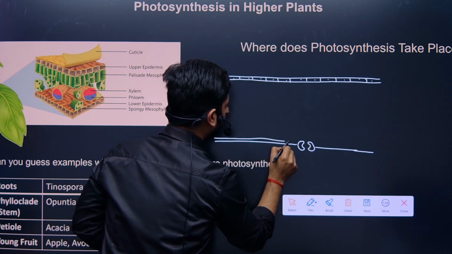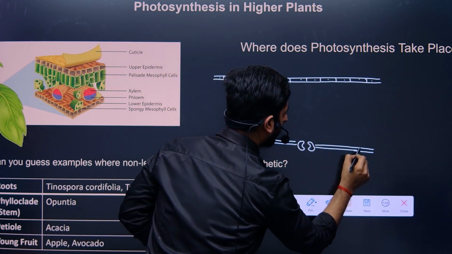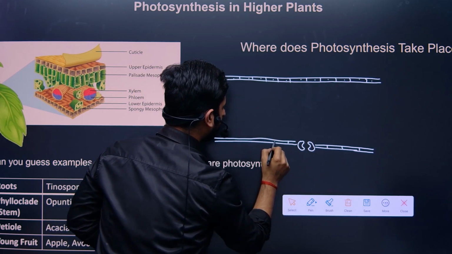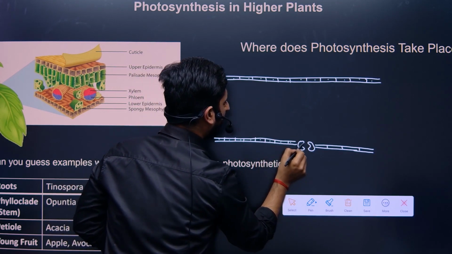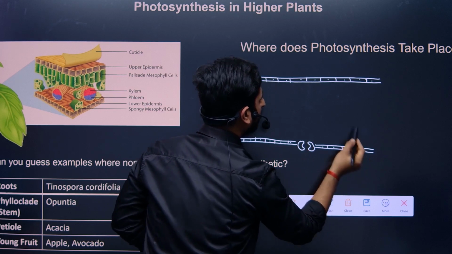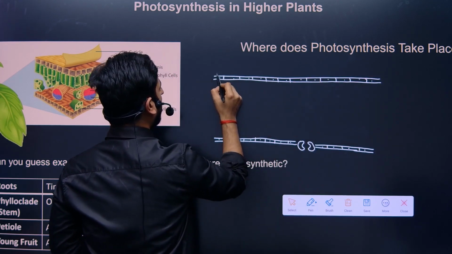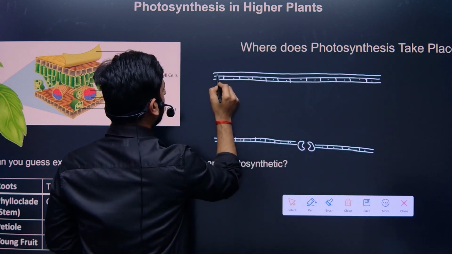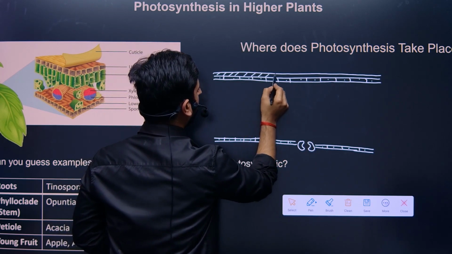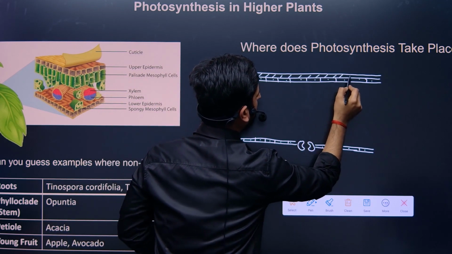Similarly, we are going to draw one more epidermis here. So students, which is which? I'm going to draw an additional layer over this one, and let's do this to show that this is separate.